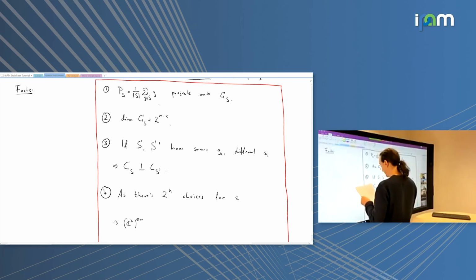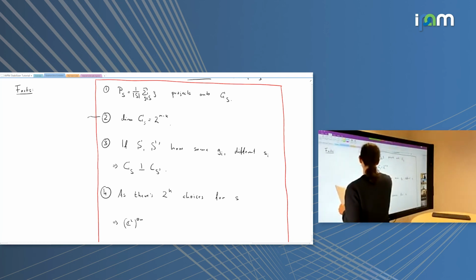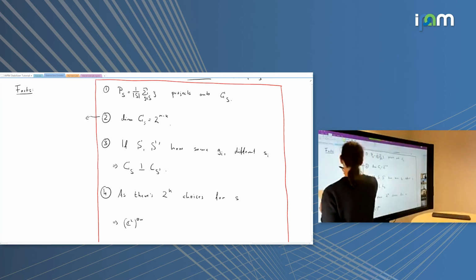So then the next statement is more interesting, namely the dimension of each stabilizer code is 2 to the n minus k. I can quickly show you how to see this. You use the formula in 1, and the dimension you get by taking the trace of the projection operator. So you compute trace S. What is it?